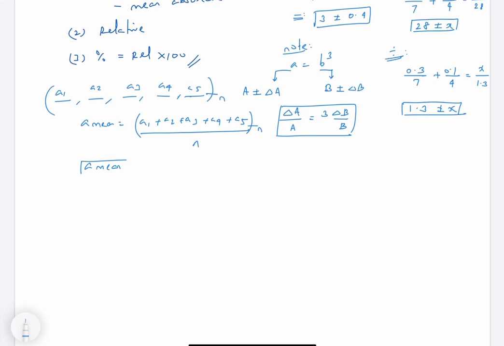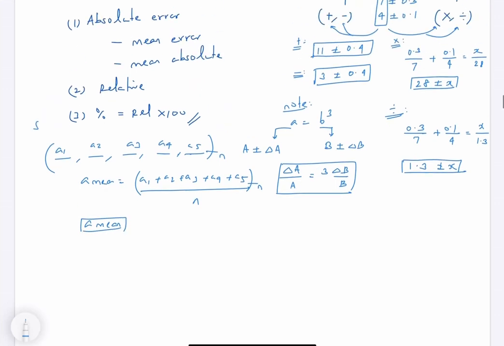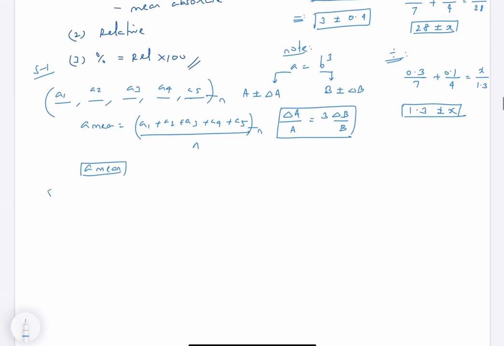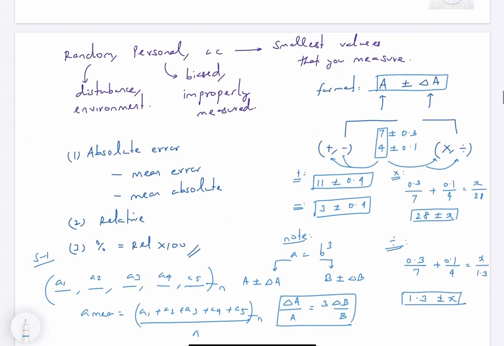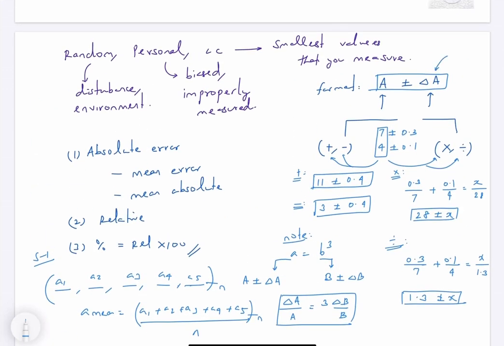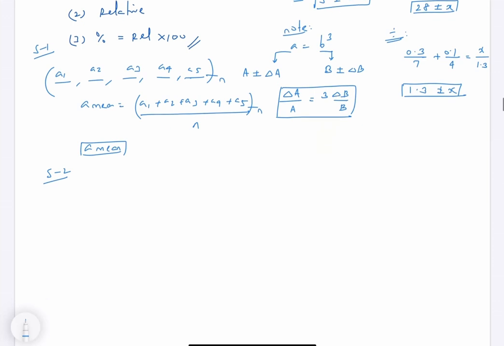Now, what do you do with this? This is step 1. Step 2, to find out that error, that delta A part that we saw here, you take the modulus of A mean minus An, which means that you put n equals 1, 2, 3, 4, 5, and so forth, and you get each and every value.